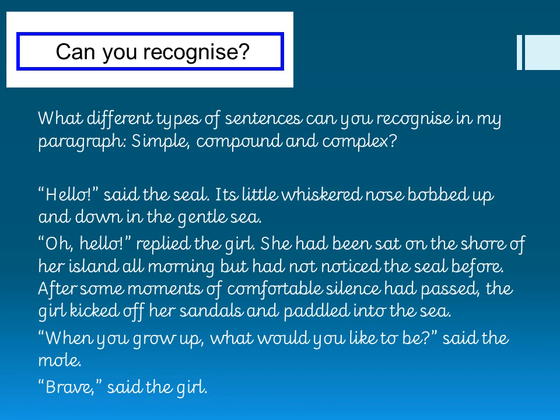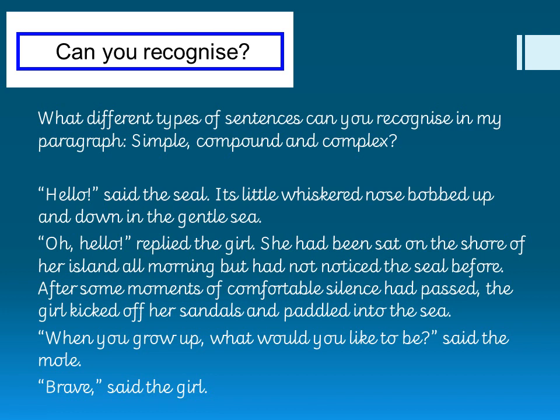So beginning with, hello, said the seal, its little whiskered nose bobbed up and down in the gentle sea. Make your guess, is that a simple, compound or complex sentence? Its little whiskered nose bobbed up and down in the gentle sea. Now I wonder if I've caught anyone out and tricked anyone, because you might be thinking, oh, well, it's got the word and in it, a coordinating conjunction.